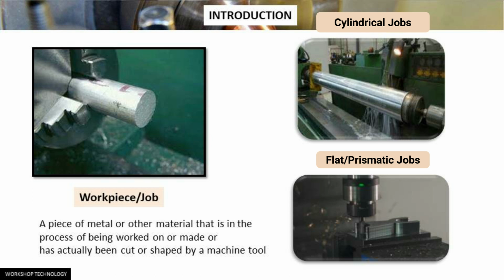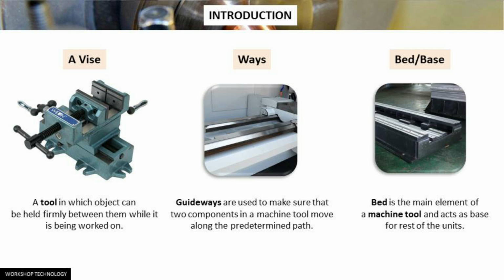There are two types of jobs in case of a machine shop: a cylindrical job and a prismatic or a flat job. Just like we have a tool post for holding the cutting tool, we have a vise for holding the workpiece. It is a tool in which an object can be held firmly between.